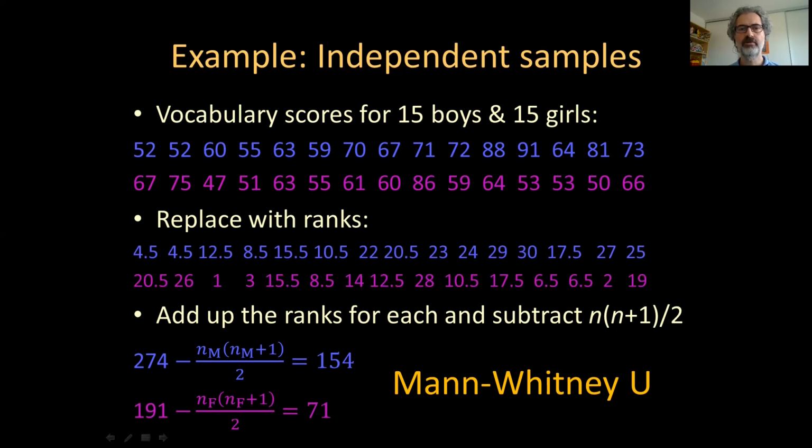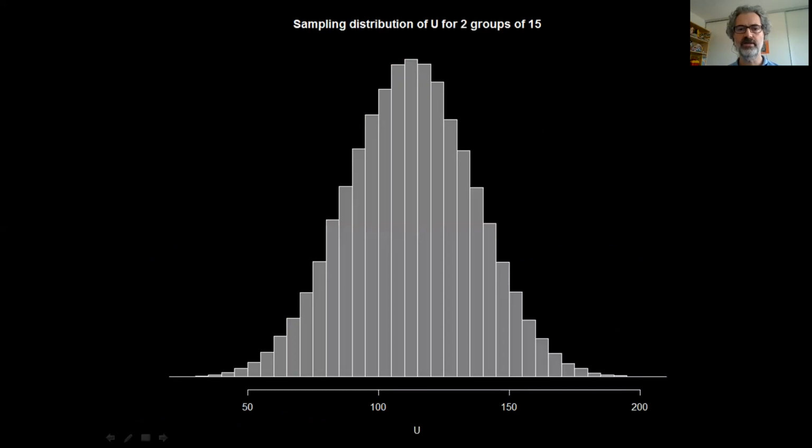But the most straightforward way conceptually is to obtain a sampling distribution by randomly sampling from groups that aren't different and then calculating U for those groups. Let us try 100,000 random shuffles of these 30 scores, which amounts to random ranking essentially, and this is the sampling distribution of U for two groups of 15.